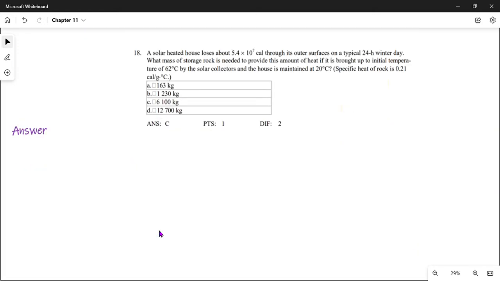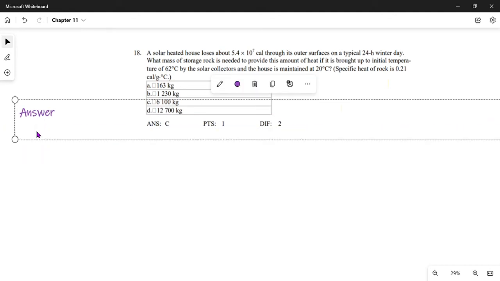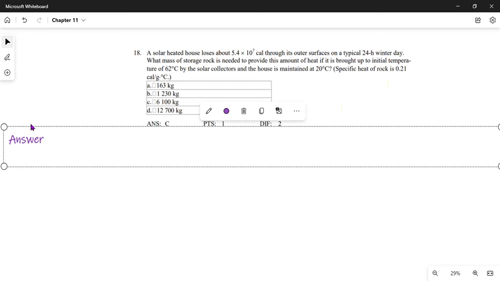Question number 18. Very simple question. M is simply Q over the specific heat times the change in temperature.